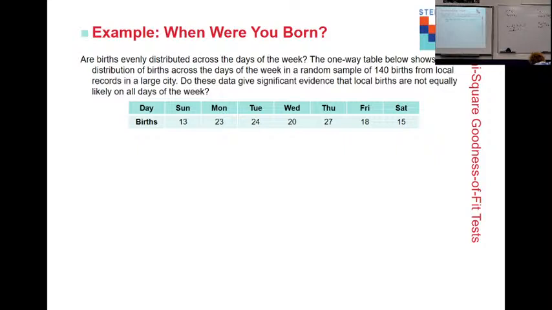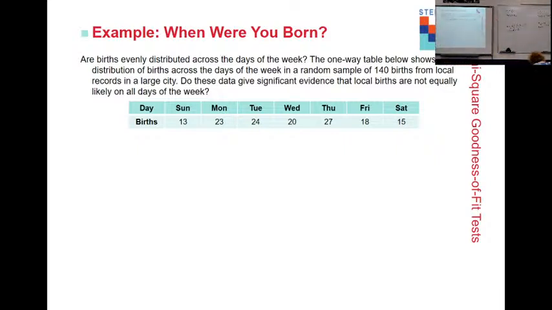It's basically stated in the first sentence what the null hypothesis is. That they're evenly distributed. What are evenly distributed? The births are evenly distributed across the days of the week. So the alternative is that the births are not evenly distributed across the days of the week.